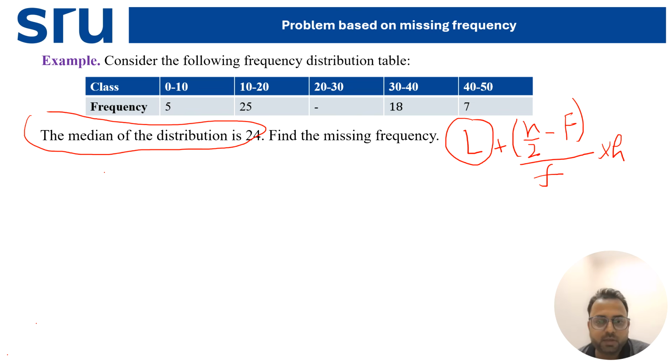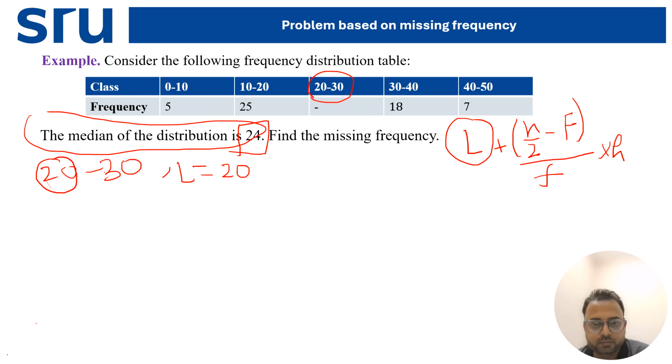Given that the median is 24, the median lies in the interval 20 to 30, so the median class is 20 to 30. The lower boundary of the median class is 20, so the L value is 20.